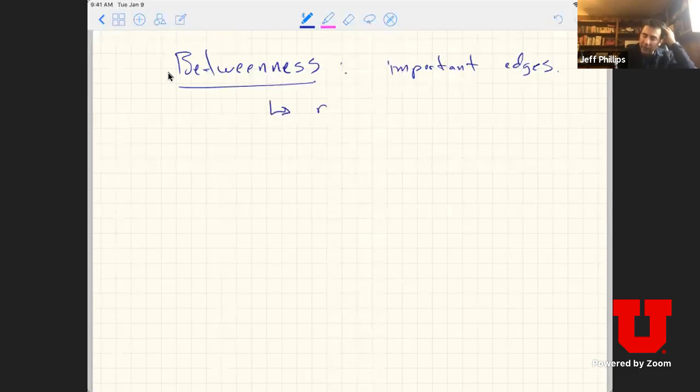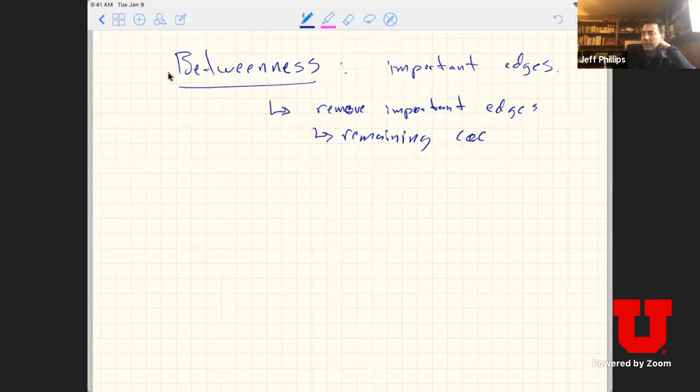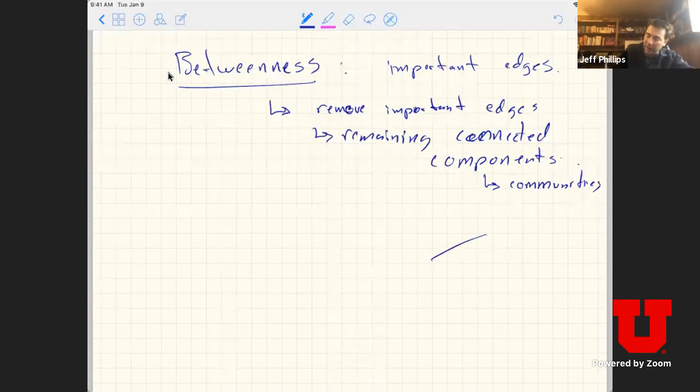I can then remove these important edges, and the remaining connected components would be like the communities.